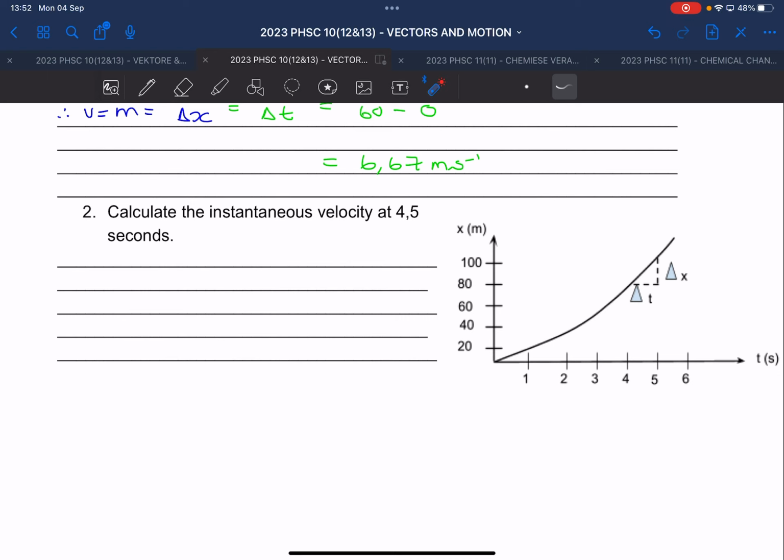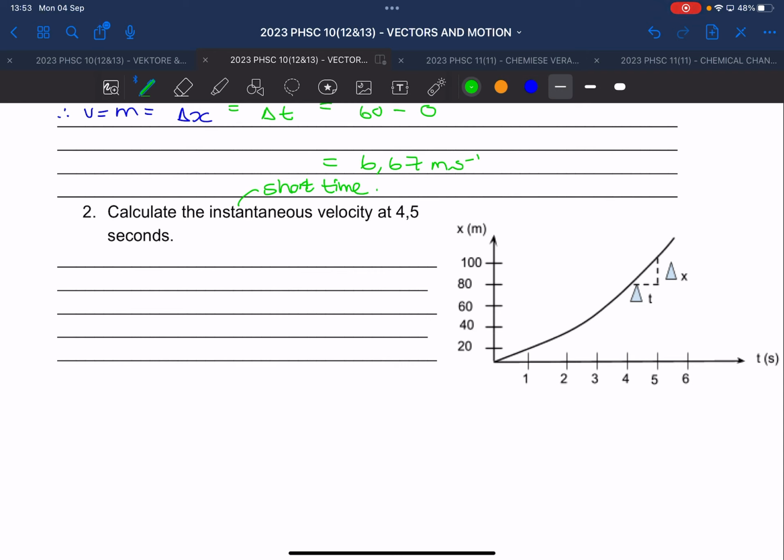Instantaneous. Yes, Sipo. Immediate. So we want it immediately or for a short time frame.